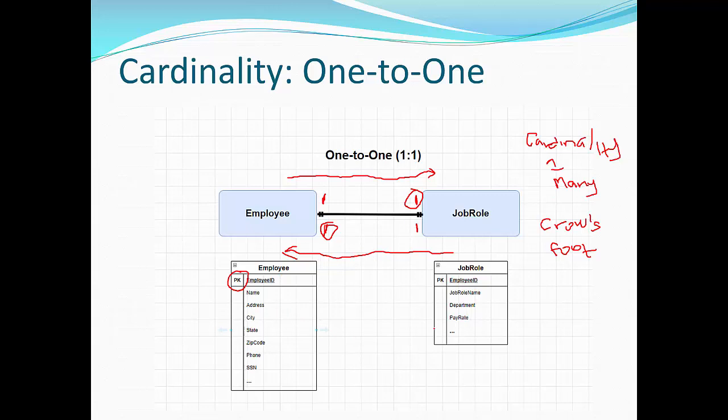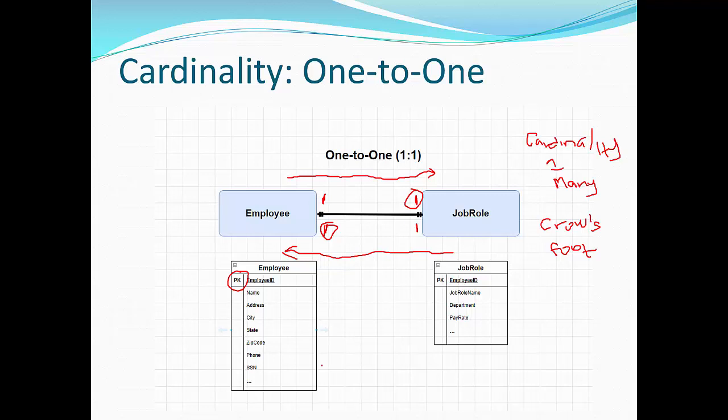But there are times when, by design, we just decide that no, the employee table might have a lot of attributes, right? Joining or adding the job role attributes to it might make that entity become very wide, and we want to try to avoid a wide entity.